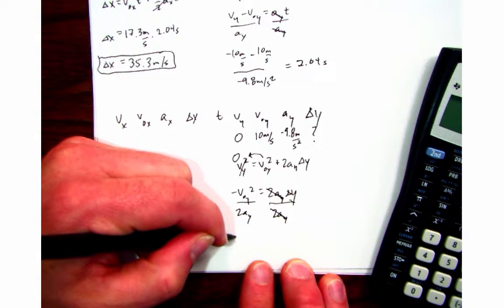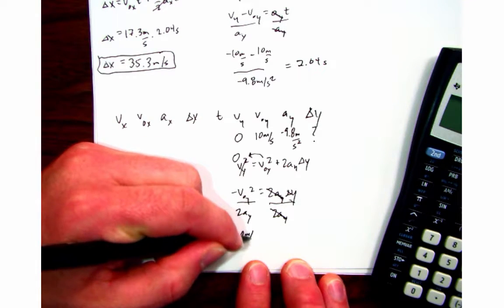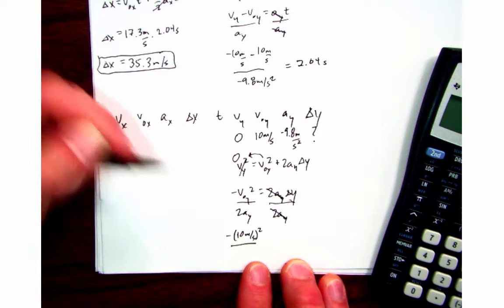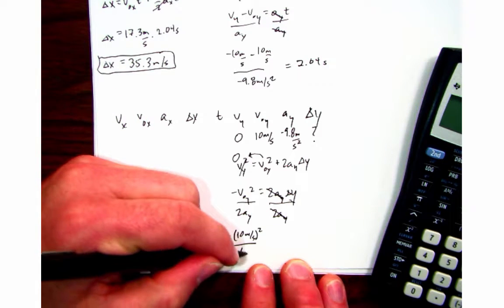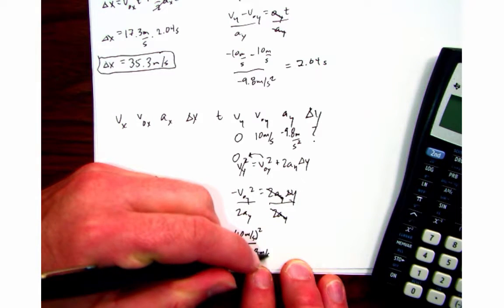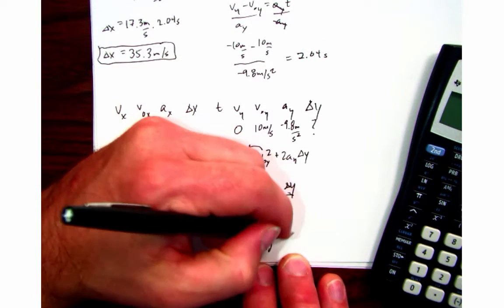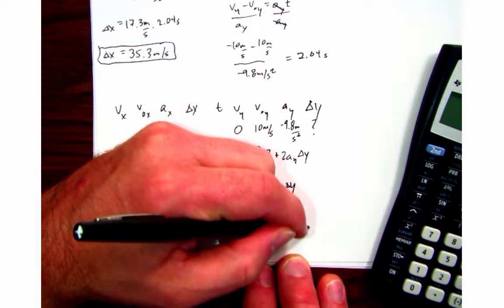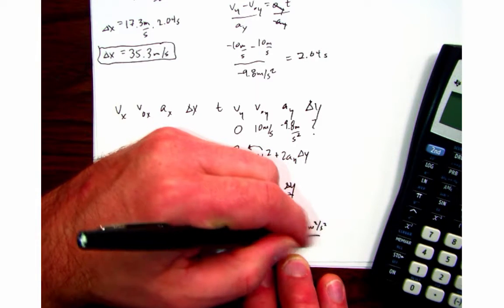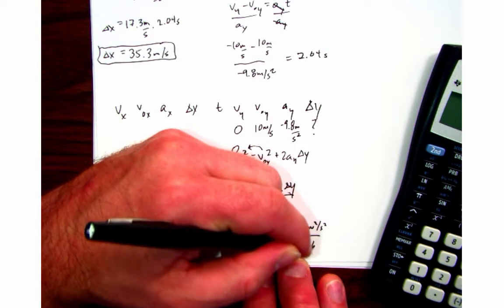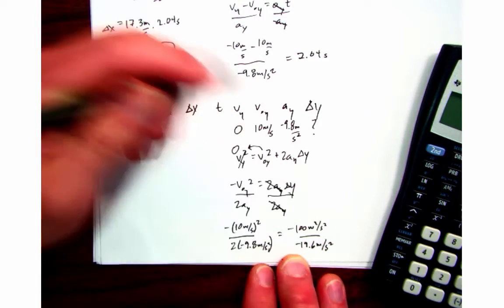Negative 10 meters per second squared divided by 2 times negative 9.8 meters per second squared. So that's going to be negative 100 meters squared per second squared divided by negative 19.6 meters per second squared.